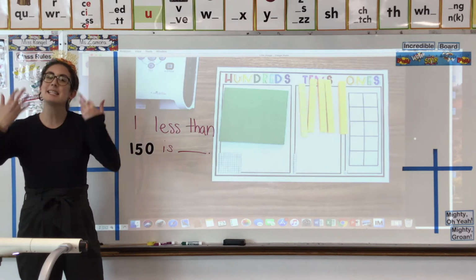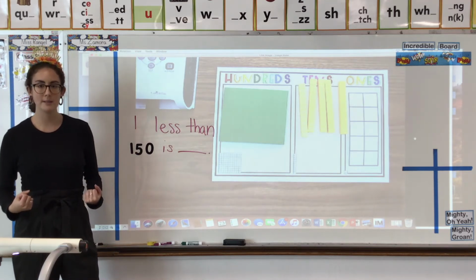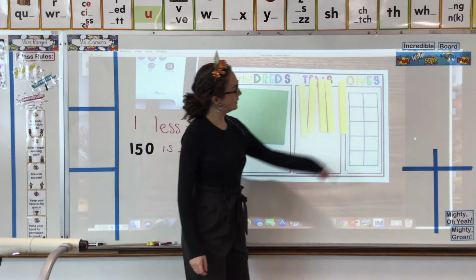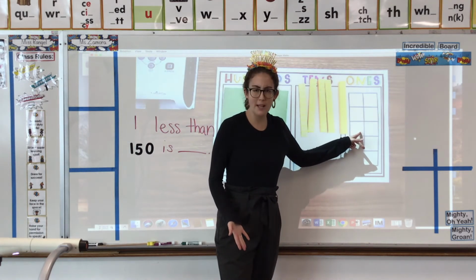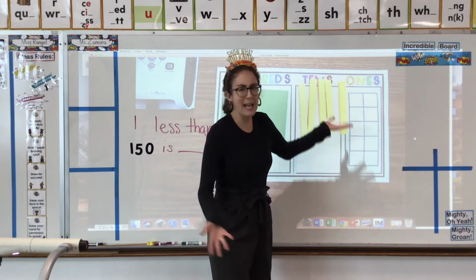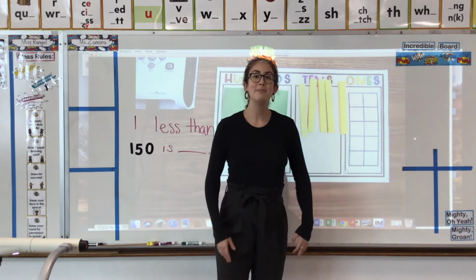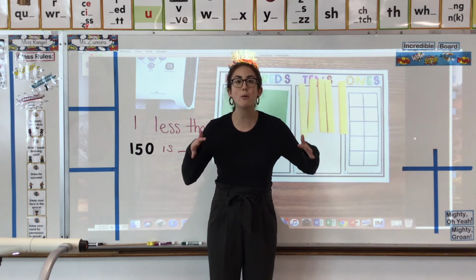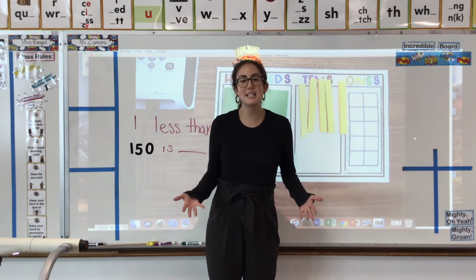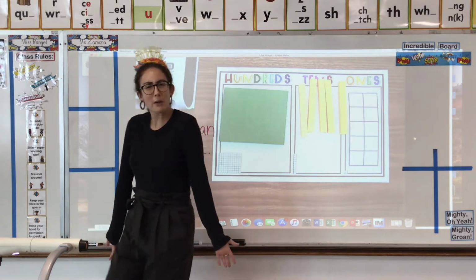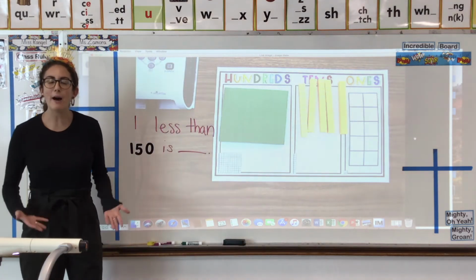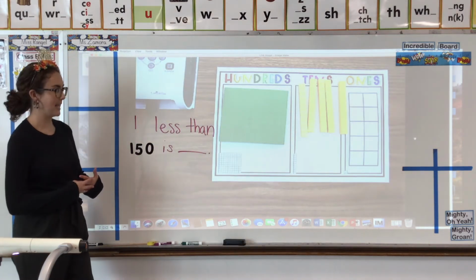So it wants us to take away a 1. But if we look at the ones place, do we have any ones to take from? No, we have 0 ones. There's nothing to take away. So what are we going to do, second grade? How can we find one less than?